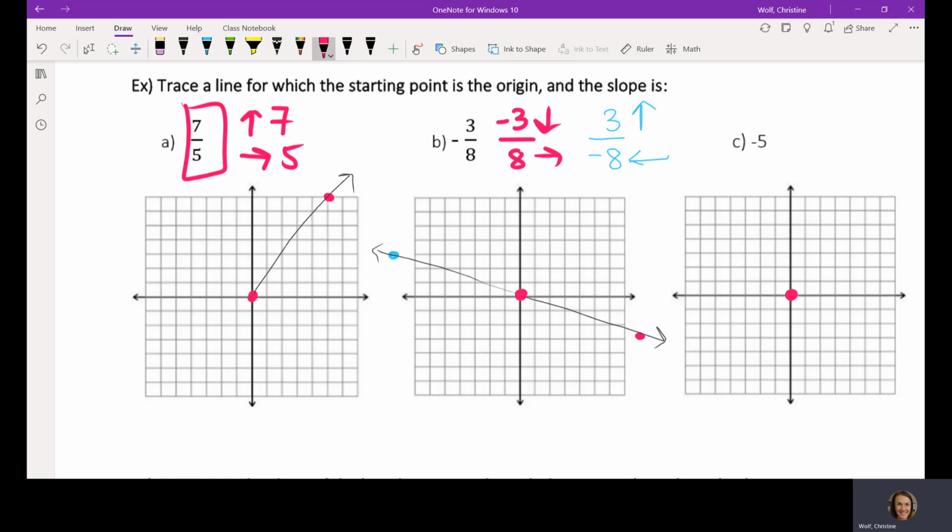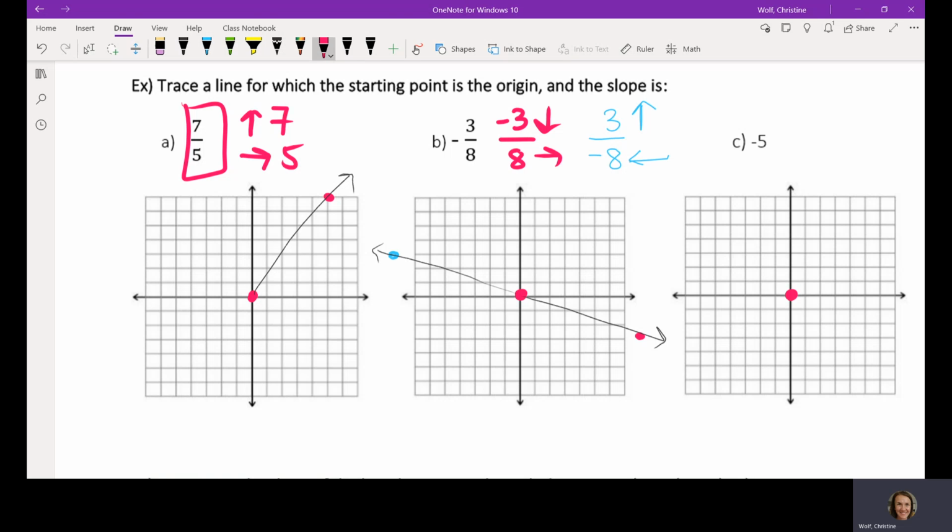Again, we start at the origin. What's my slope? -5/1? Is that what you think? Yeah? No? What do we think? Is that over 0 or is that over 1? Any number. Don't overthink this.